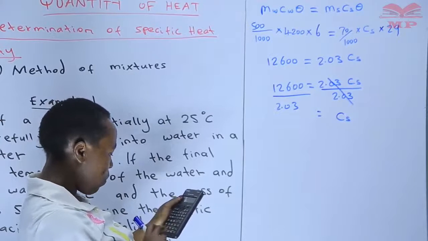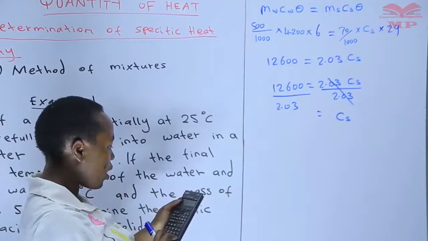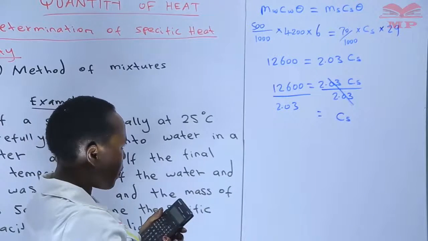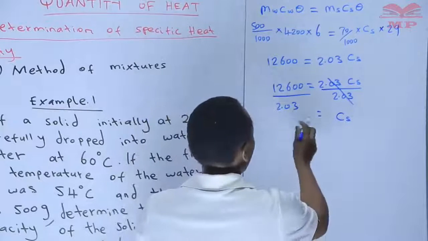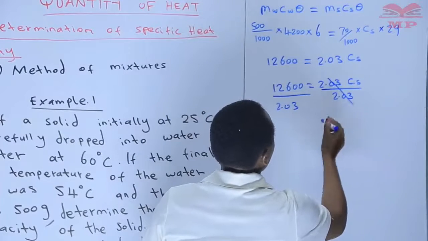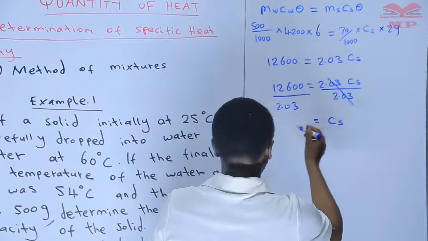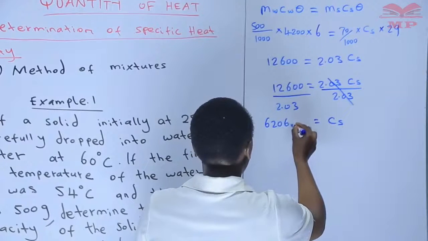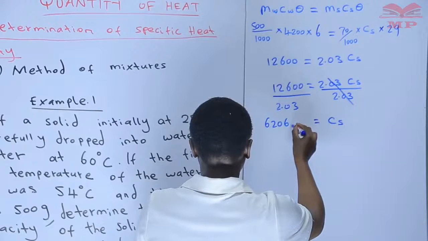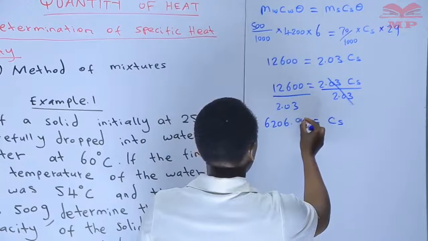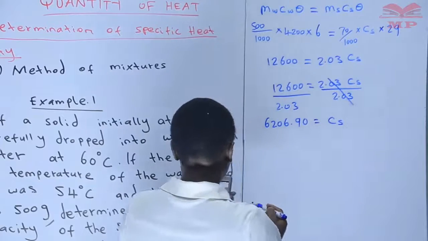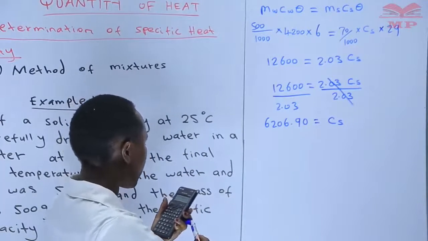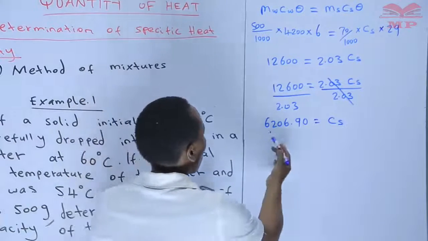12,600 divided by 2.03, which you end up getting as 6,206.896552, which we round off to 2 decimal places, so it will be 6,206.90.